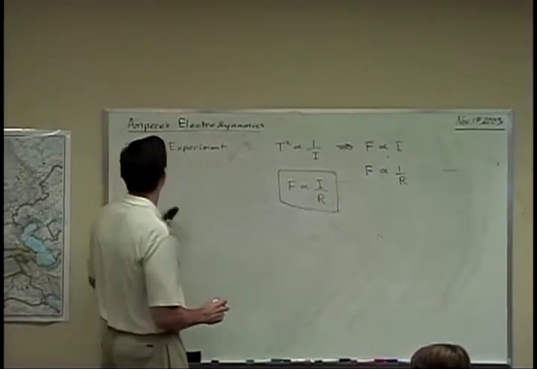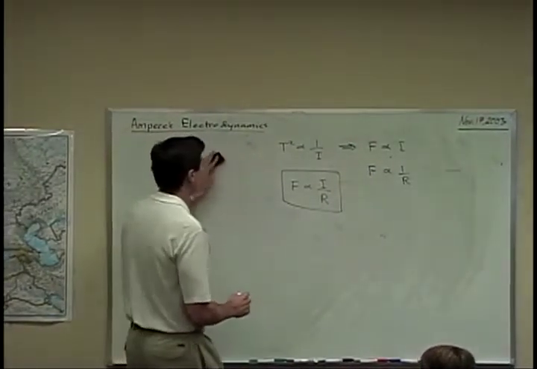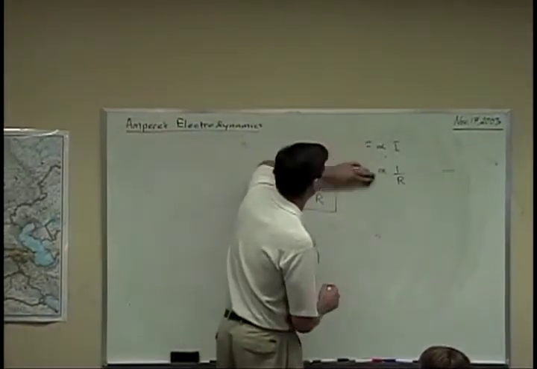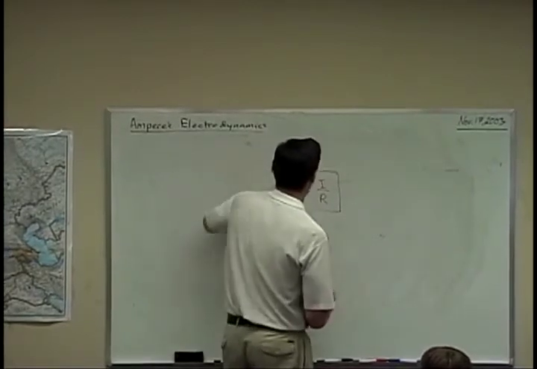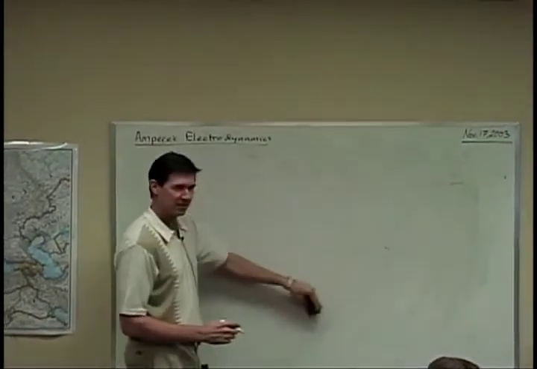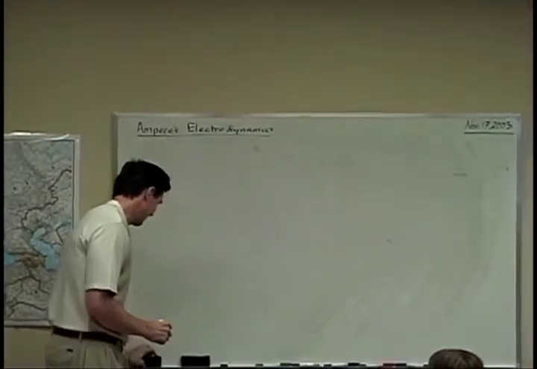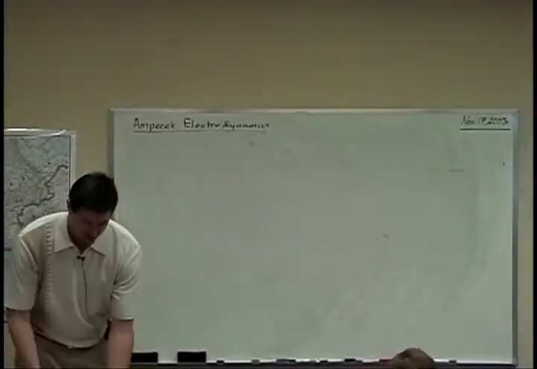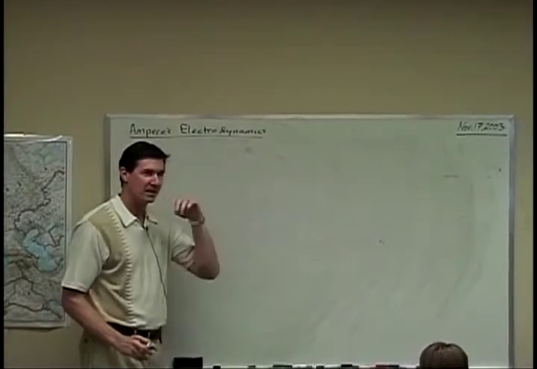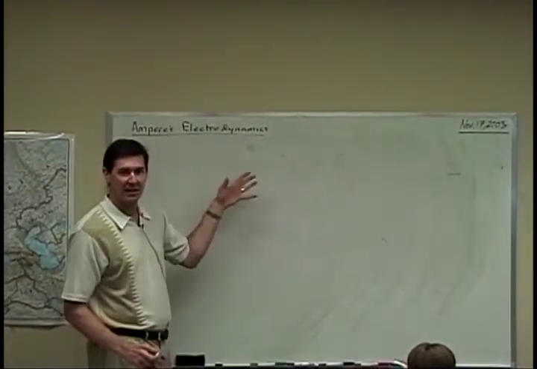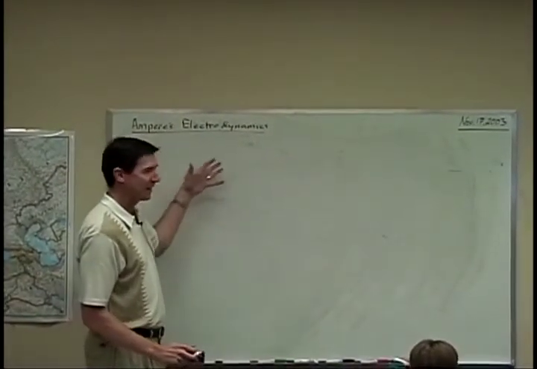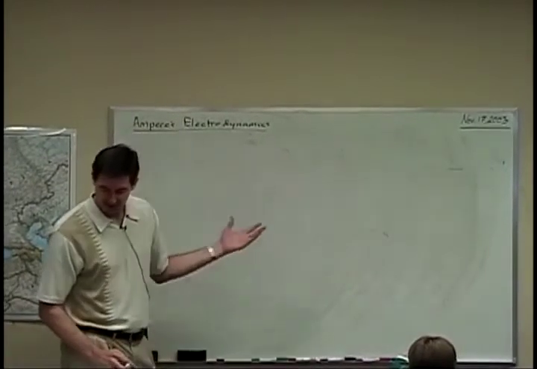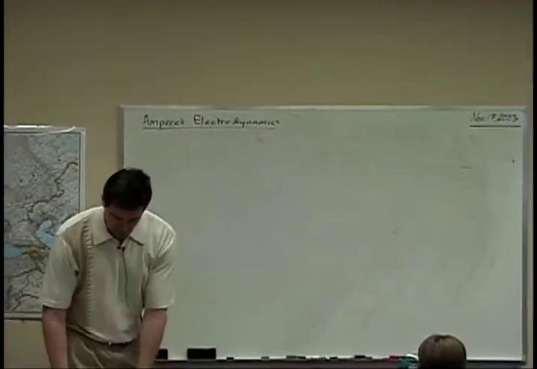I don't think anyone actually did exactly the experiment that I'm going to describe, but it could be done, and I think it'll show you in a more direct way exactly how that law that we just arrived at can be demonstrated experimentally.